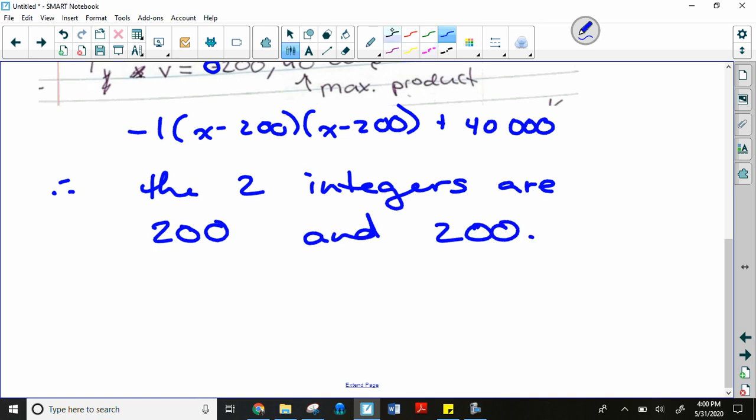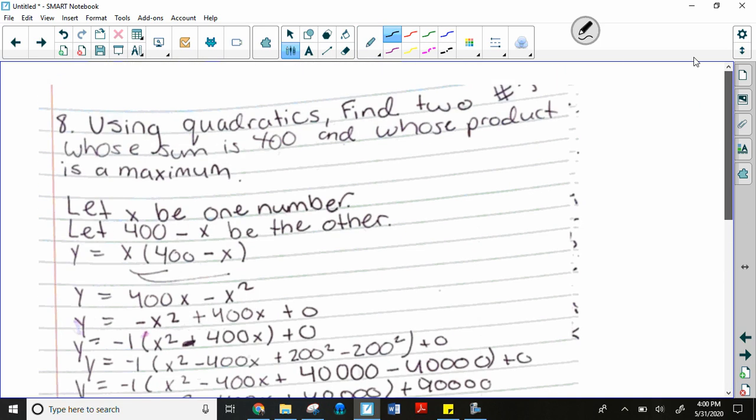And how did we get this one? We did 400 minus 200, because this was our x value. So this was one of the numbers, and then this is how you found the other number. And they end up being the same, because if you can get a square shape, that's always going to maximize your area. The closer you can get to a square.